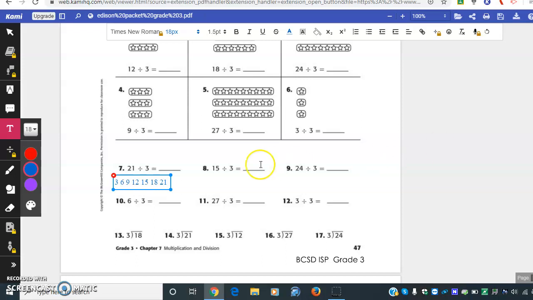Stop there. 1, 2, 3, 4, 5, 6, 7. It took me 7 3s to make 21.